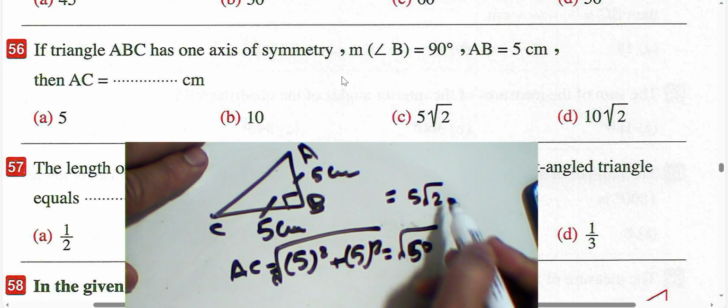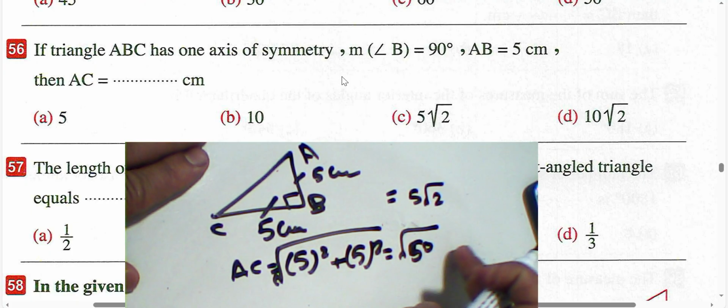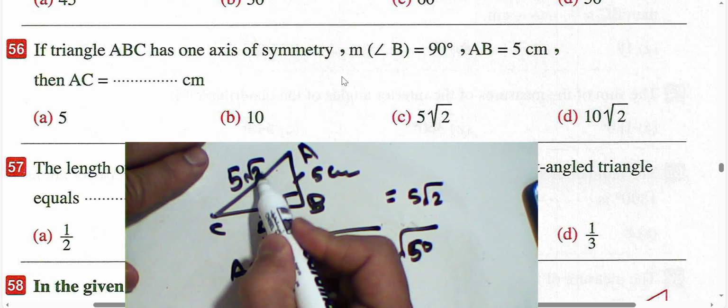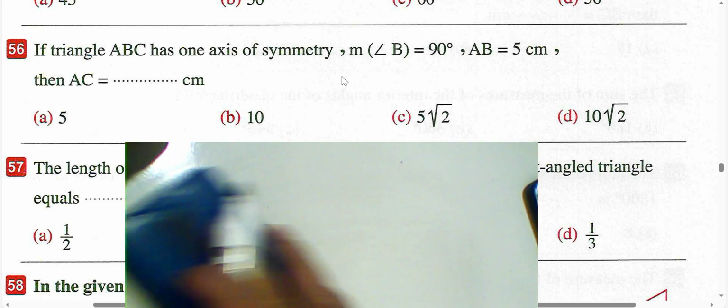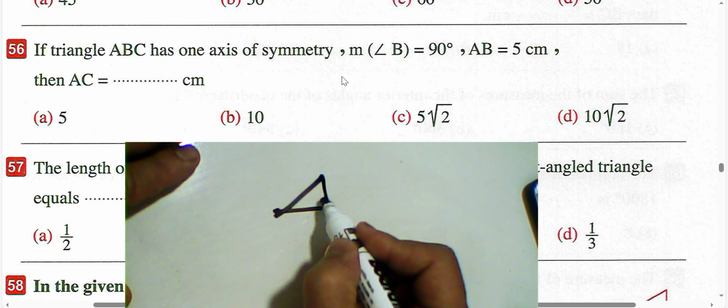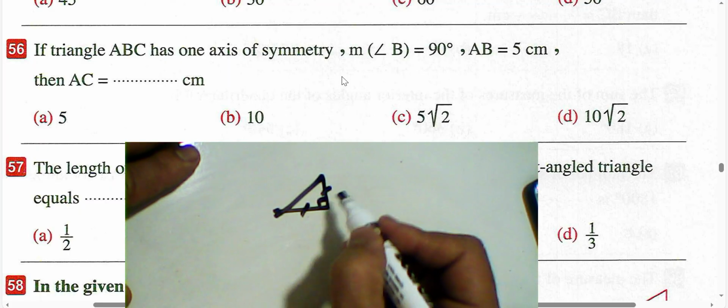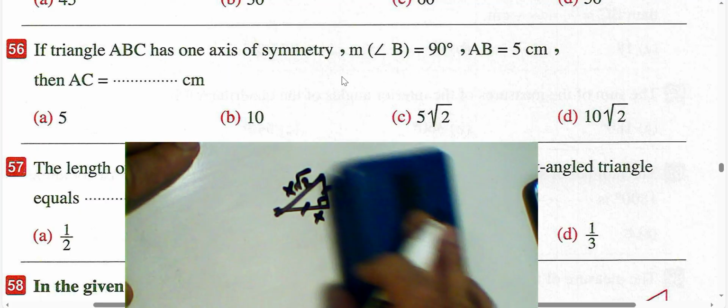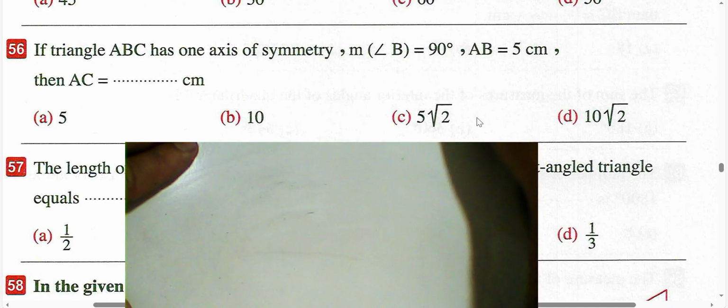Then the answer will be 5 root 2. The length here will be 5 root 2. So you must know these properties: if we have a right angle isosceles triangle, the sides will be x, x, and x root 2. Okay, choose letter C. Next question.